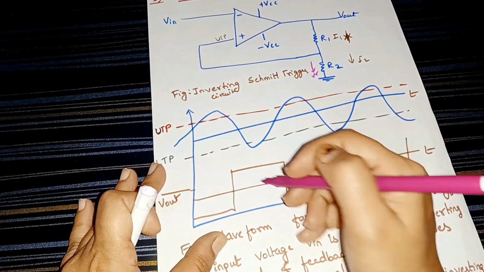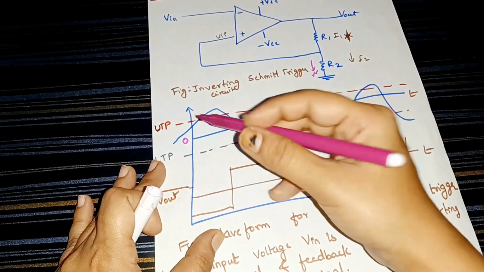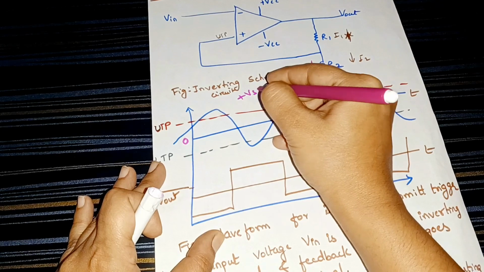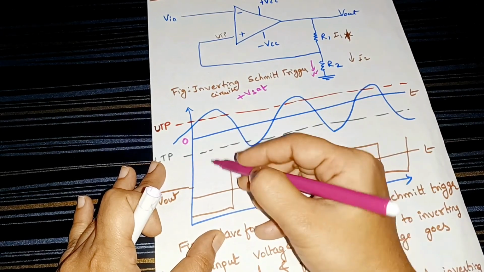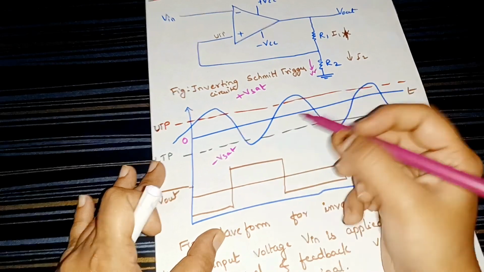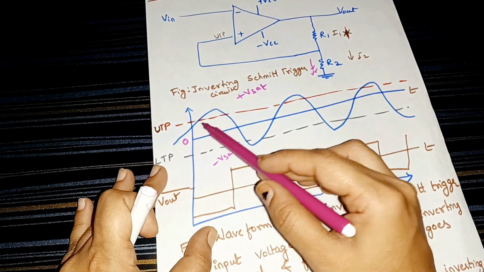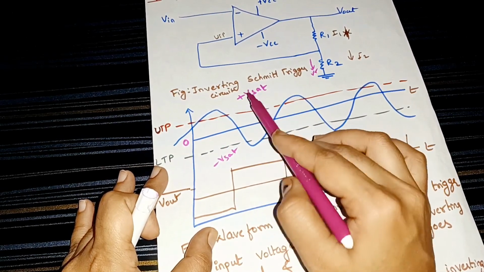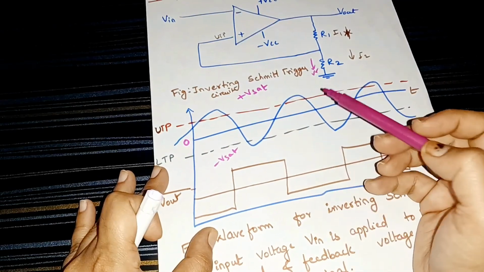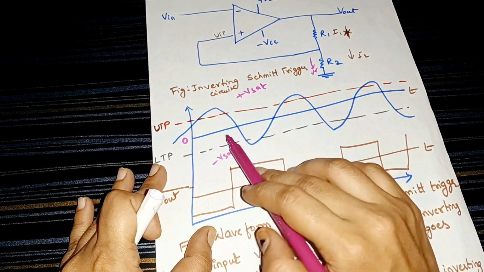Let us say this is the zero threshold point; above zero is plus Vsat and below zero is minus Vsat, for example. The UTP is the upper trigger point, in plus saturation, and there is also a lower trigger point.